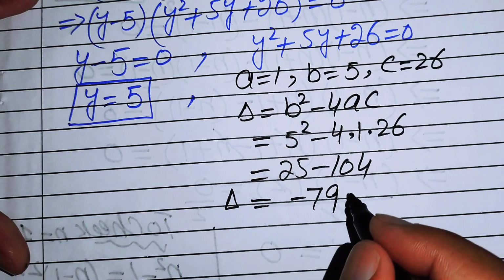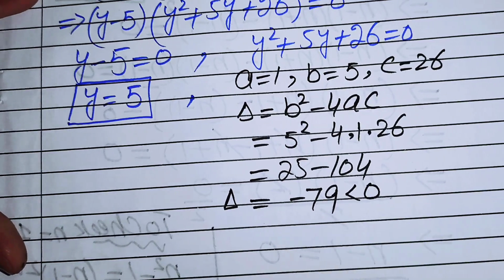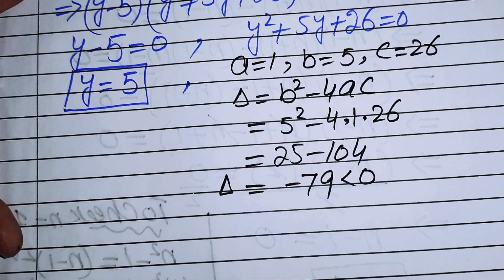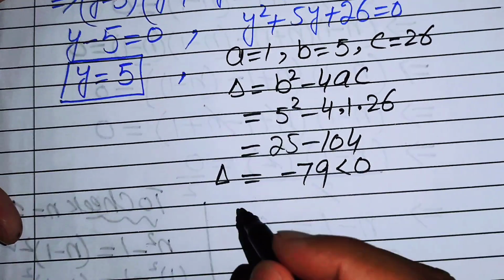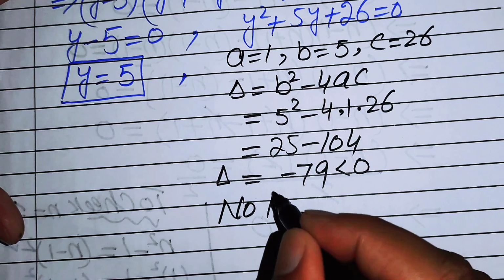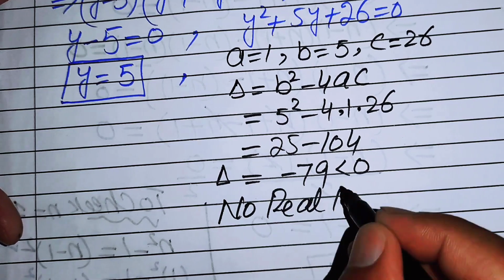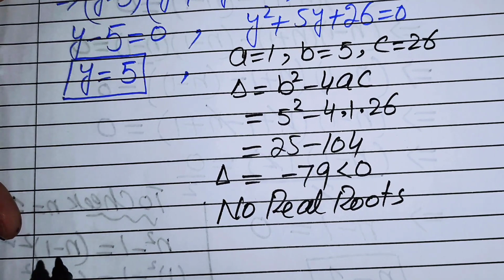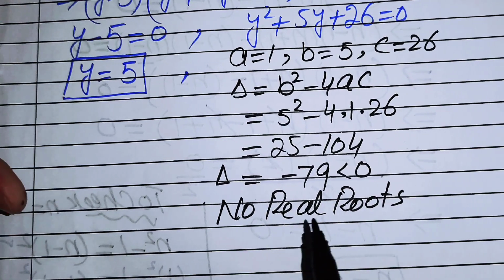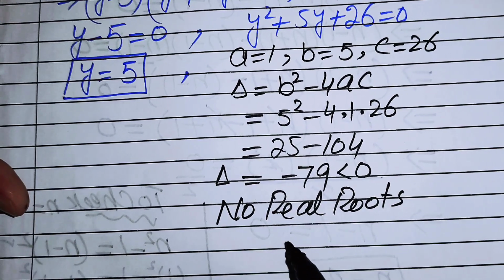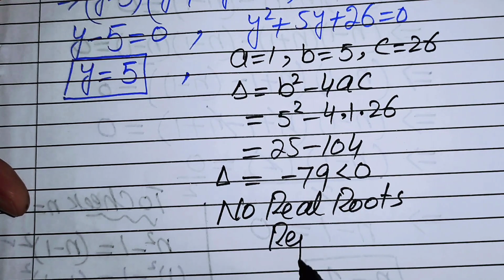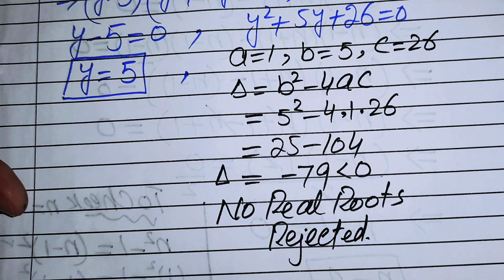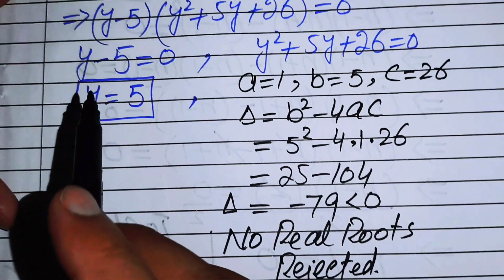Here you see that our delta is less than 0, and if delta is less than 0, this means that this quadratic equation has no real roots. It has complex roots, but in this question we need only real roots, so we reject this case and proceed with the other case only.